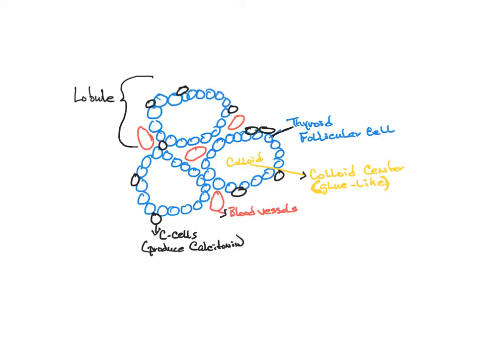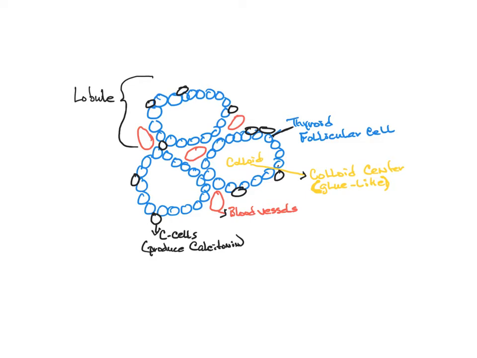Each of these individual groups has about 20 to 40 follicle cells surrounding this center, and this center is called a colloid because colloid means glue-like, and that's what it is. It's a thick, viscous center. And then you have individual follicular cells surrounding it. And then, of course, bathing each of these are blood vessels.